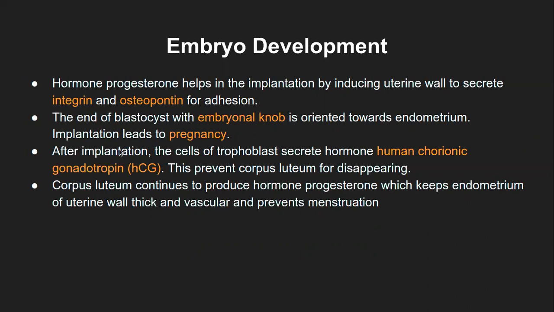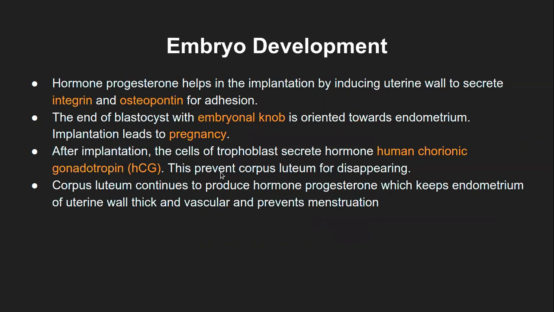So the moment this implantation happens, the cells of the trophoblast will secrete a hormone. Trophoblast is still there with the embryonal knob, and it will secrete the hormone called human chorionic gonadotropin, shortened as HCG. And this prevents the corpus luteum from disappearing.